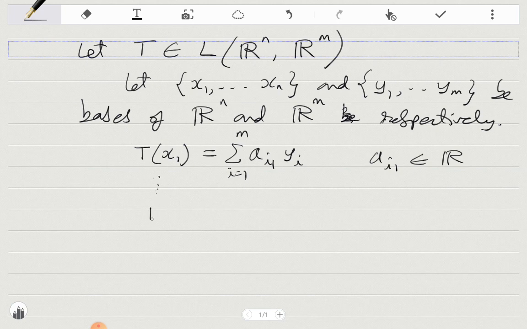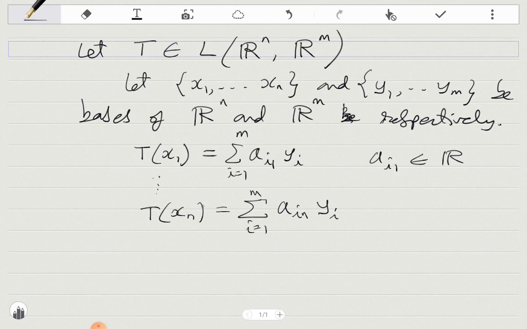And so on. So I can write T xn as a linear combination of the yi's, and those coefficients I'll call ain, sum of ain yi, i equals 1 to m. Now, as we have seen before, for a linear transformation, if I know what it does to a basis, then I know what it does to every other vector.